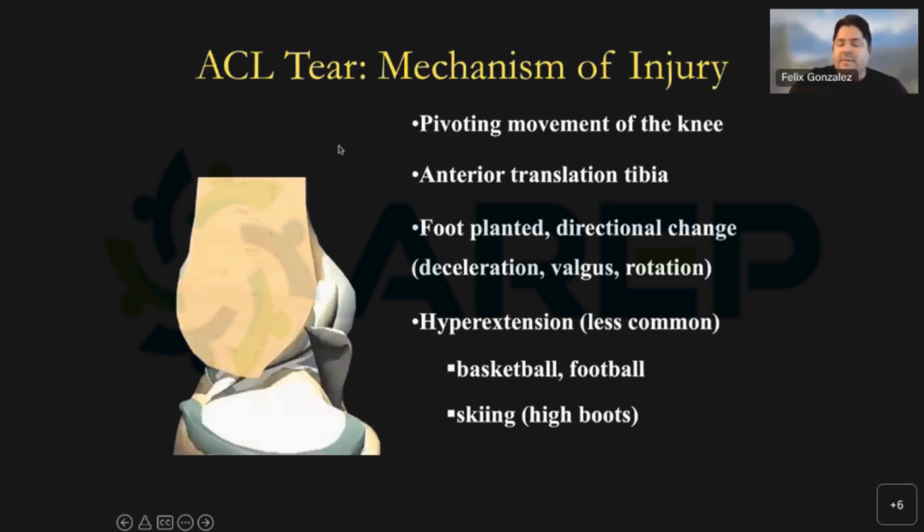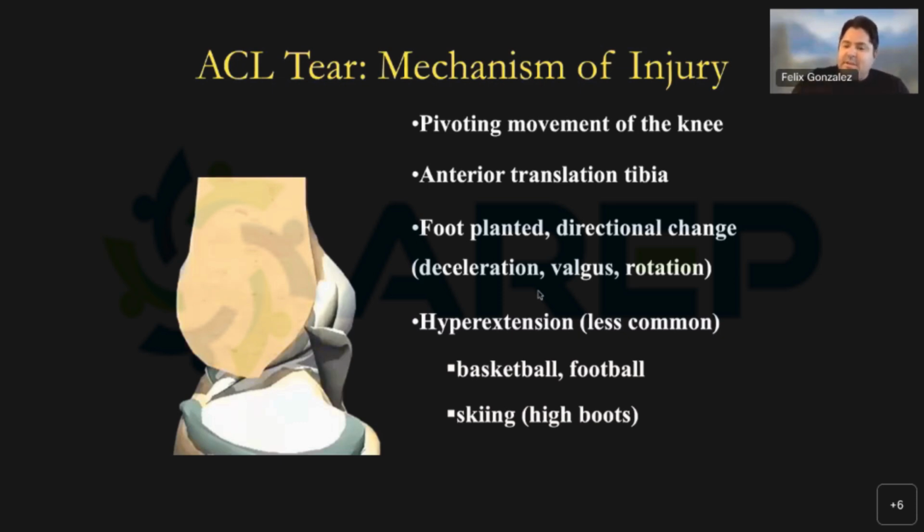So usually the mechanism of injury that you see in ACL tears is the pivot movement of the knee. So classically in the United States, you have the football player that is running, is twisting his body trying to catch a football coming, and the knee basically dislocates transiently and contuses those two compartments that we spoke of. Usually you have anterior translation of the tibia. It usually happens with the foot planted, with a directional change, right?